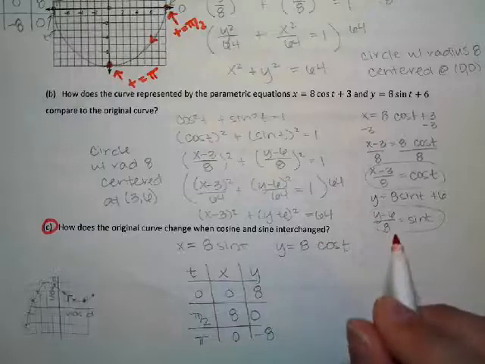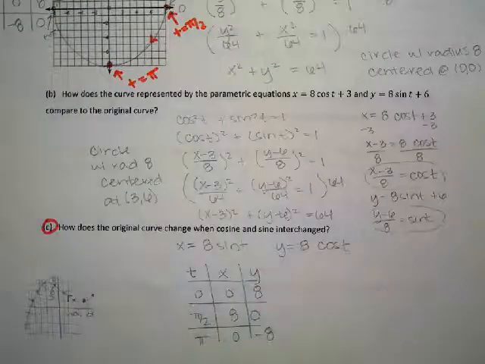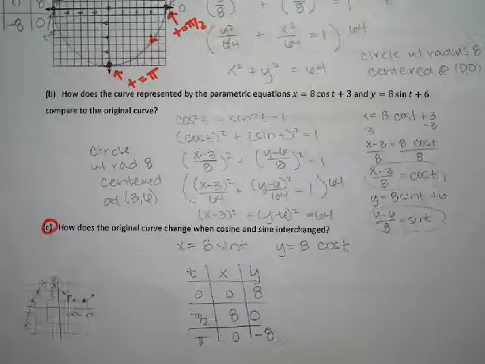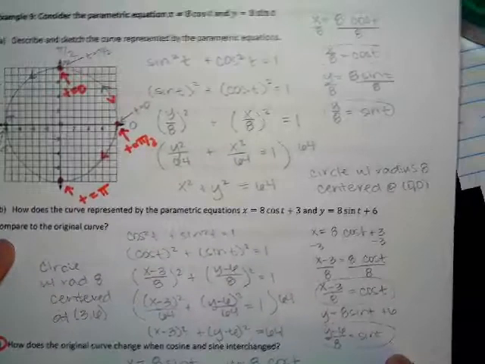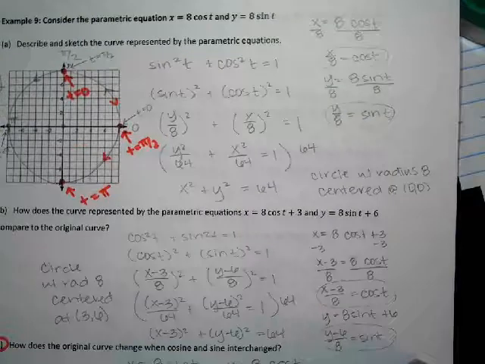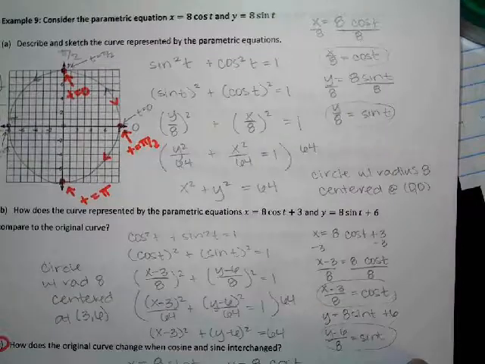So it doesn't change the center because the center, what determined the center? You can tell more between A and B what determines the center. Yeah, because this one had plus 0 on the end, and this one had plus 3 and plus 6. That's what determined the center.